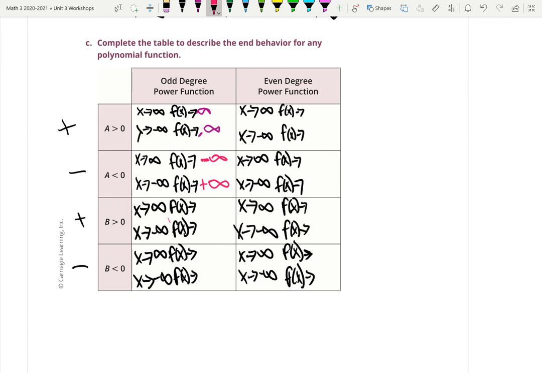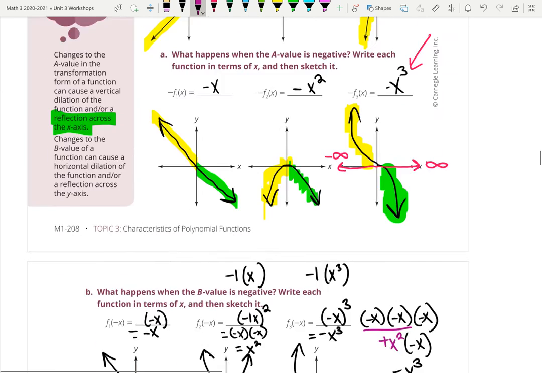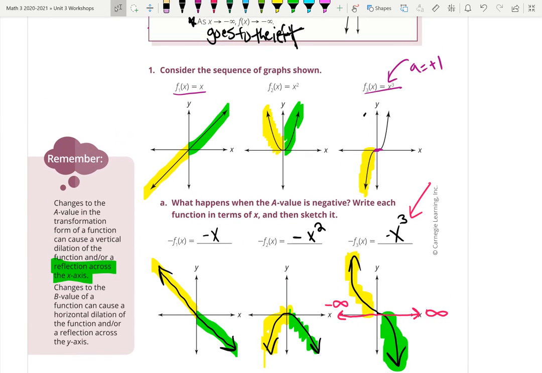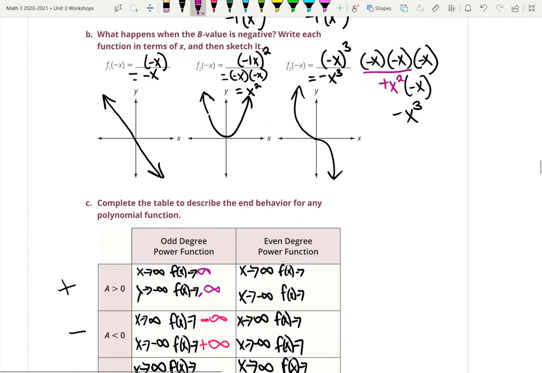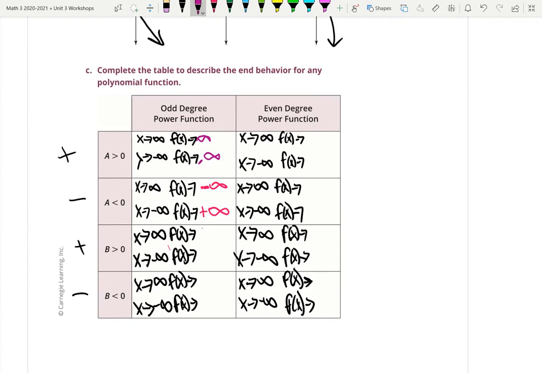Let's do this for even powers. I'm going to look at x squared. Ask yourself two questions. It's even, and a is positive 1. As x approaches positive infinity, it's pointing up. So that's going to be positive infinity.